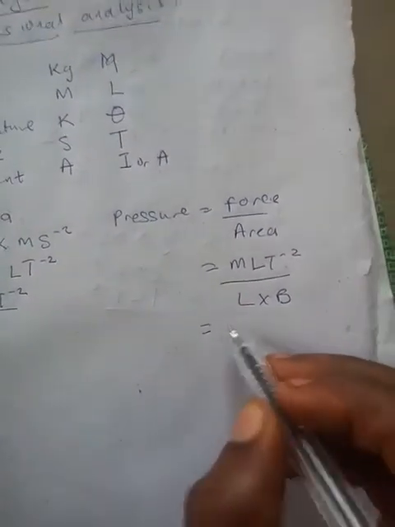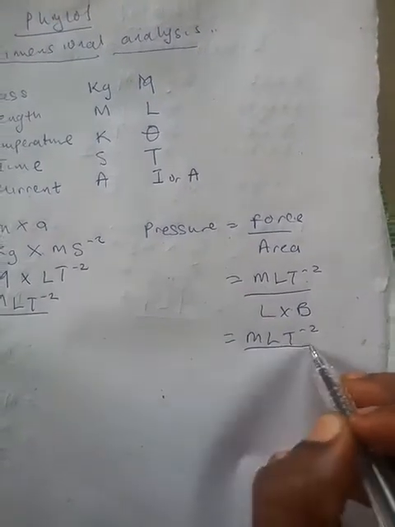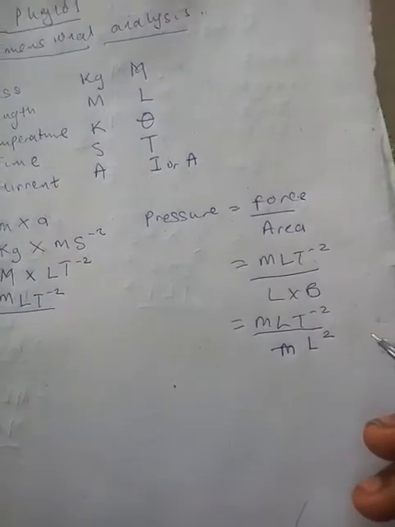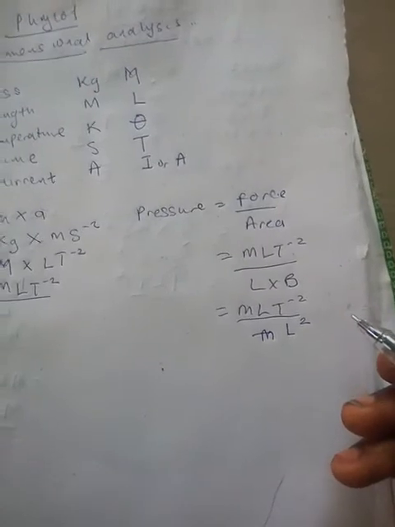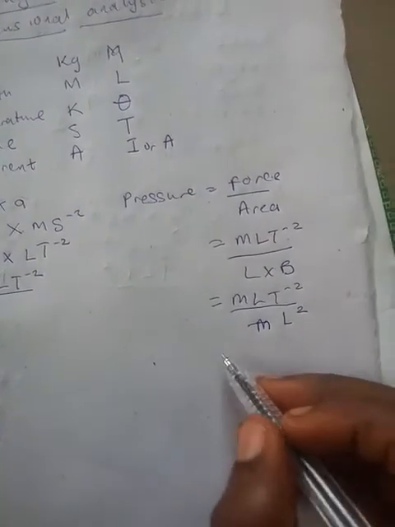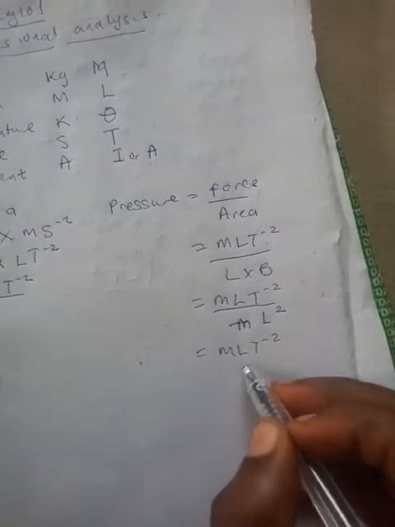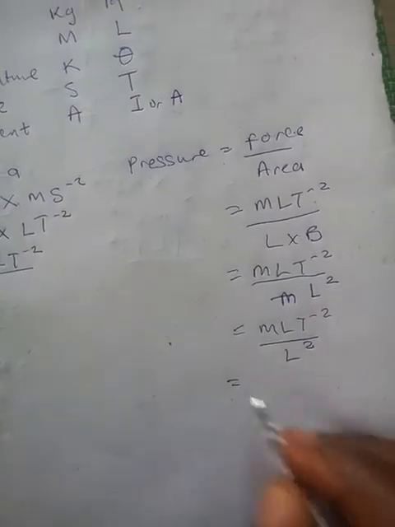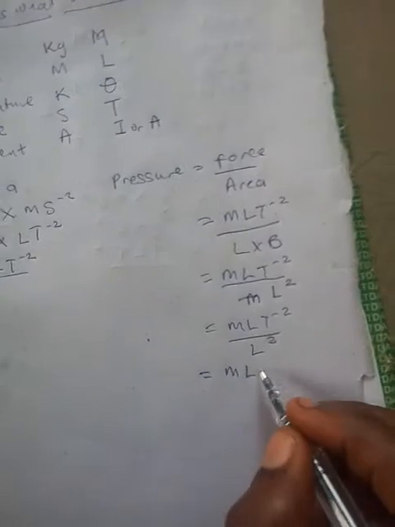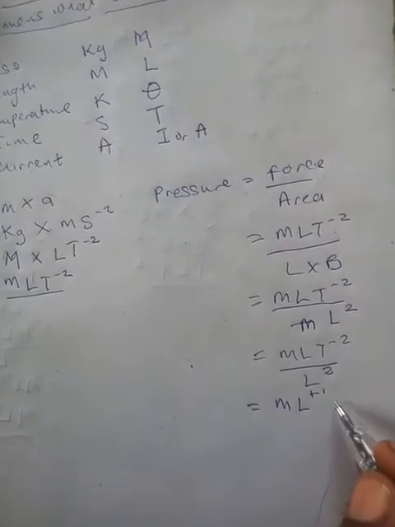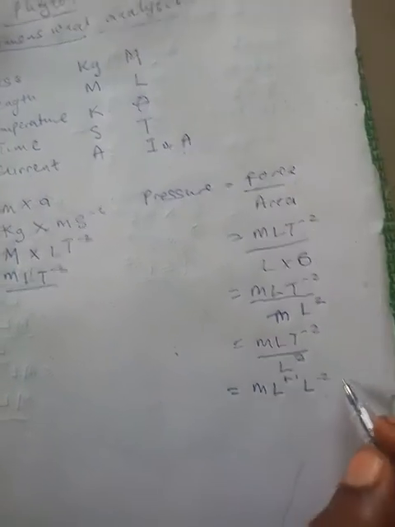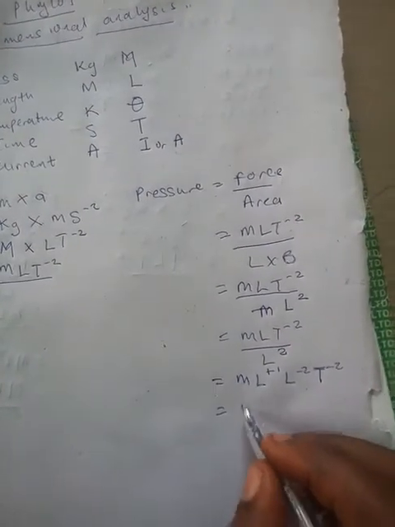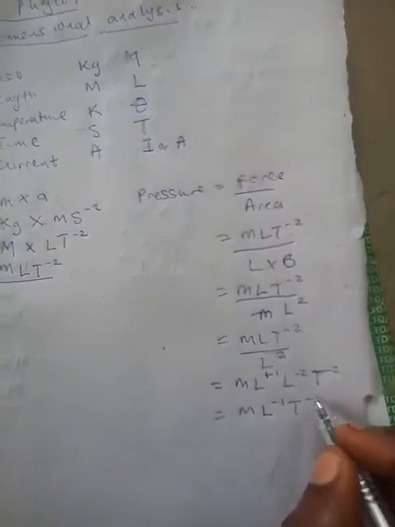Both our length and our breadth are measured in meters. So we can say MLT minus 2 over L squared, where L is the dimension for meters. Mathematically, it looks like M L minus 2 over L minus 2 times T. Now we cancel this out so that we have M L minus 1 T minus 2.